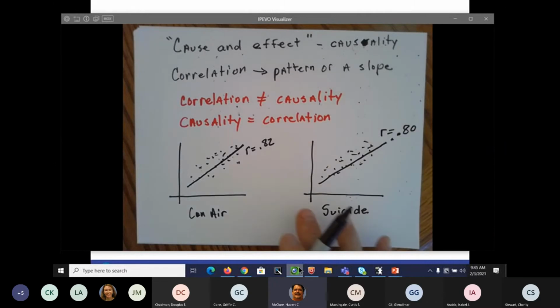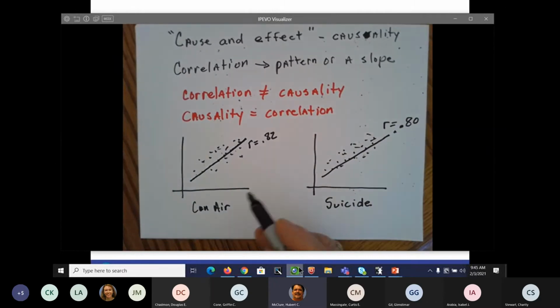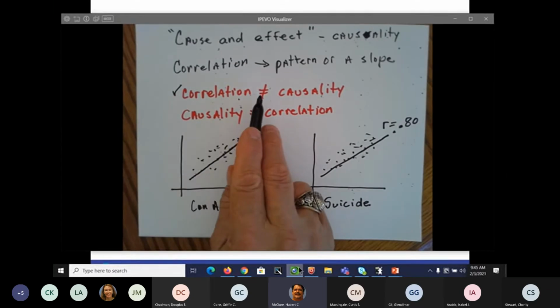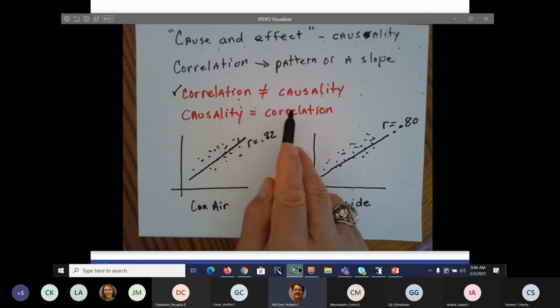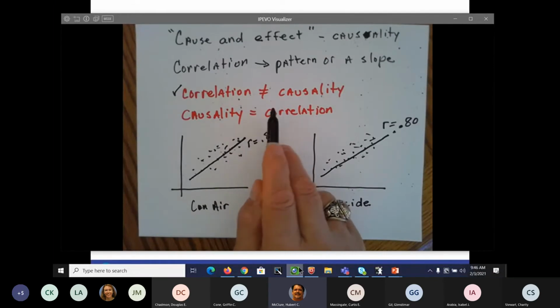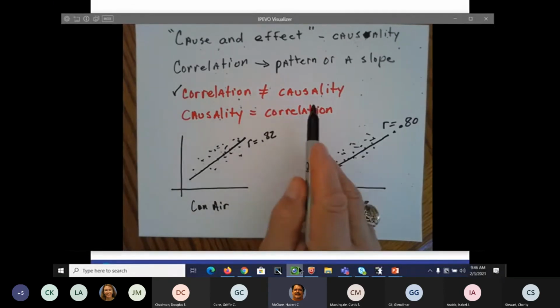So mathematically, I can say that if you watch a Con Air movie or a Nicolas Cage movie, you're going to commit suicide. And that's why you have this: correlation does not always equal causality. Causality does equal correlation. I drink too much wine, I have to pee.